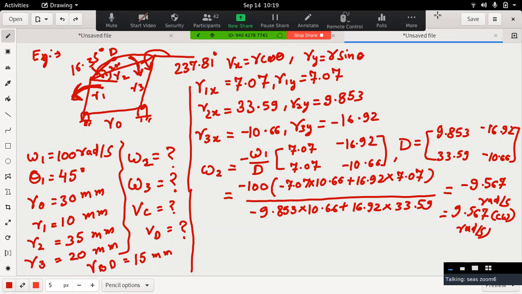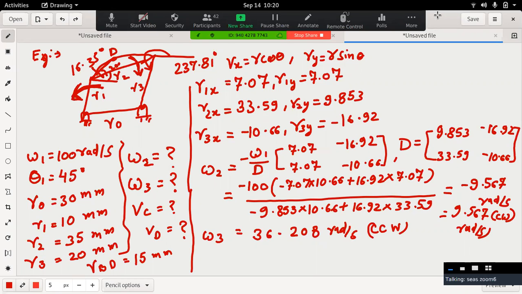Also notice that this is an instantaneous velocity. Similarly, when we do the calculation for omega 3, we can determine it in the same manner, and the calculation will give you the value of 36.208 radian per second, and the answer is positive, which means that it is counterclockwise.